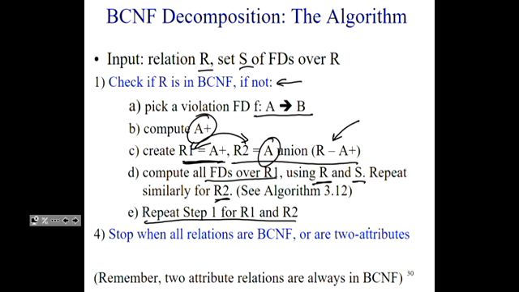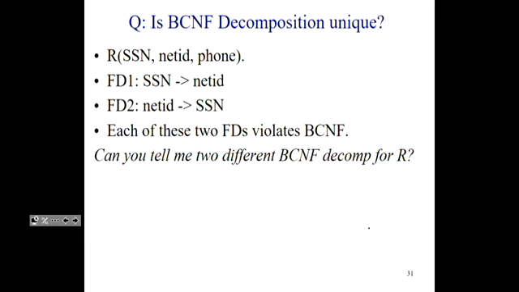If they are two attribute relations, on the previous slide we proved that they are by default in BCNF. Okay, so this is the overall algorithm. Any step unclear? Anything that's confusing? Okay. All right.